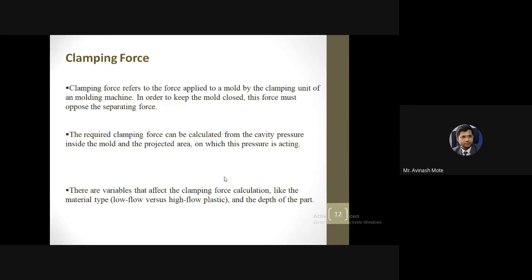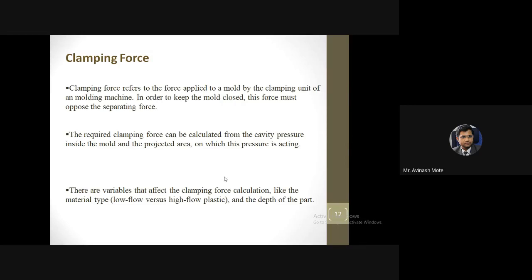Second thing, depth of the part. Now let's take an example. A simple plastic plate we have to manufacture, a plain circular or rectangular plastic plate, like a tabletop, which is only a plain surface.